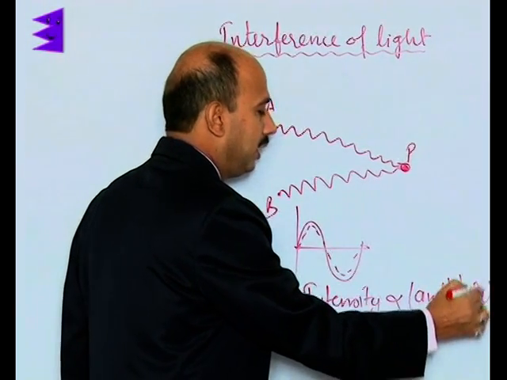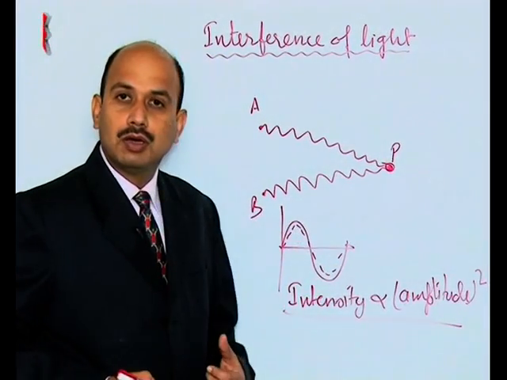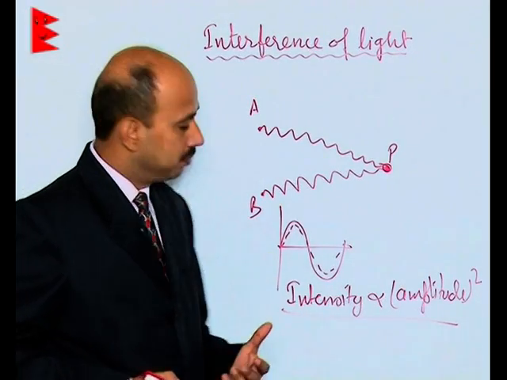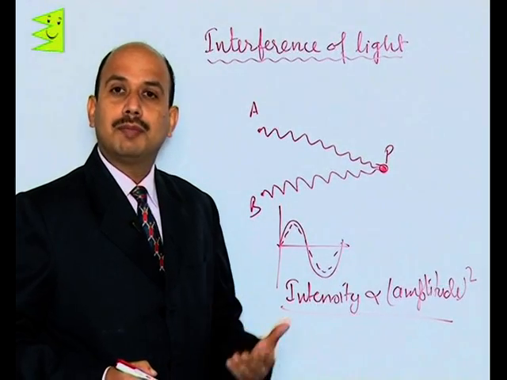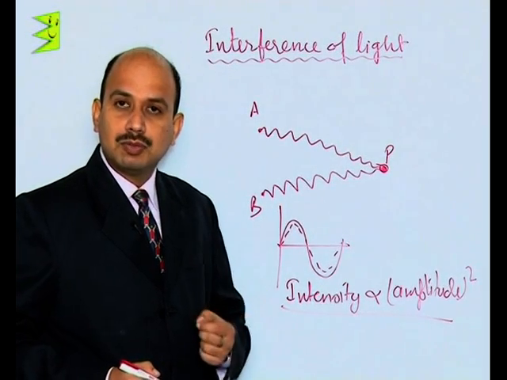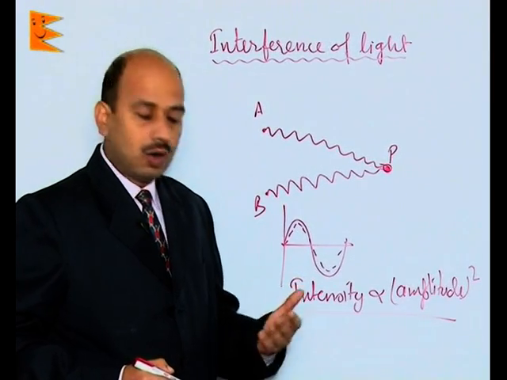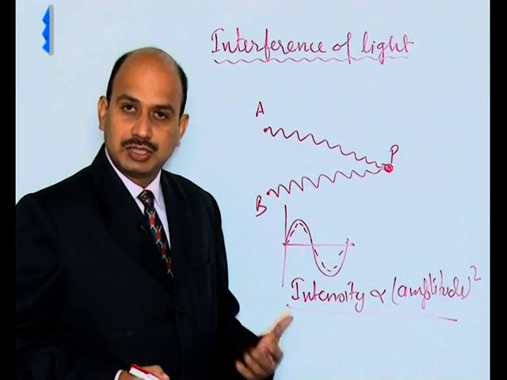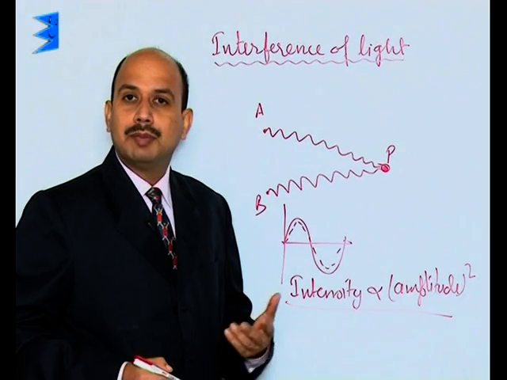So whenever the intensity is maximum at any point, it means the amplitude is maximum there. At these points you will get a bright point. Now if one crest and one trough superimpose on each other, then the amplitude will be minimum. As a result, we will get minimum intensity.